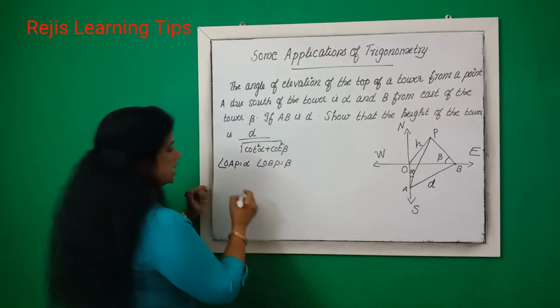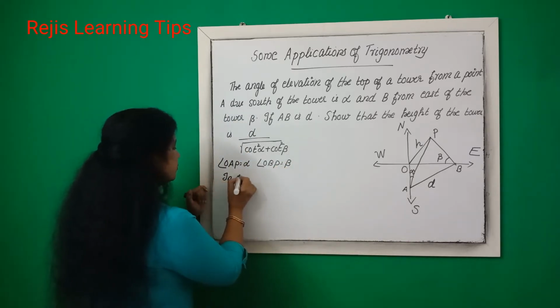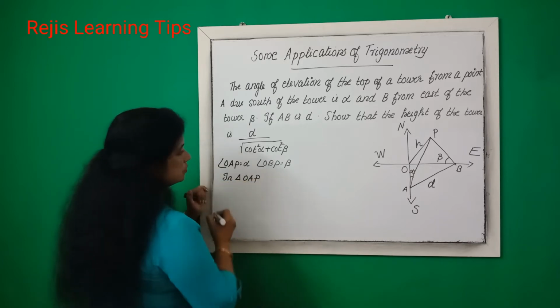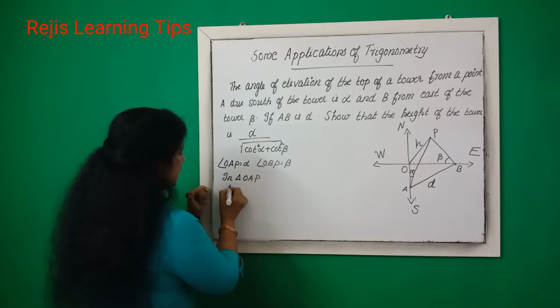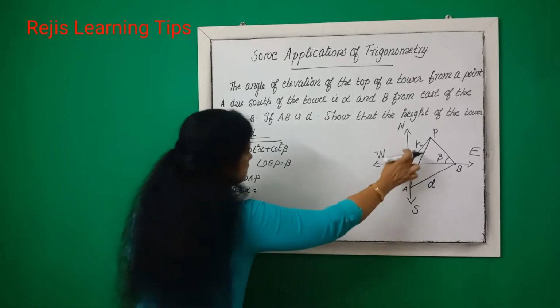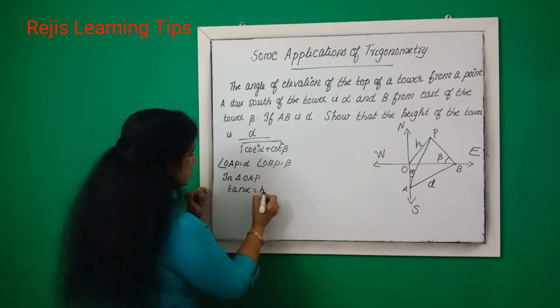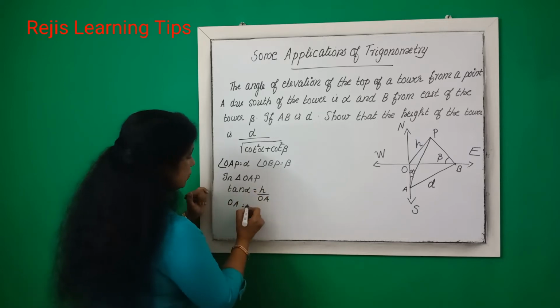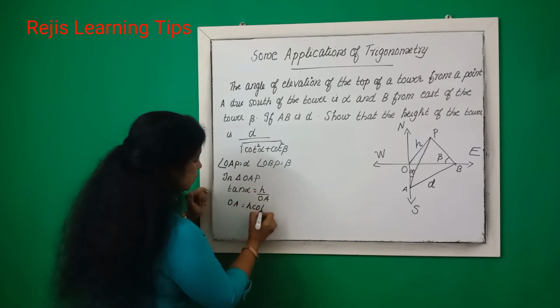Okay, first we have to take triangle OAP. Tan alpha is equal to H divided by OA. Therefore, OA is equal to H by tan alpha, that means H cot alpha.